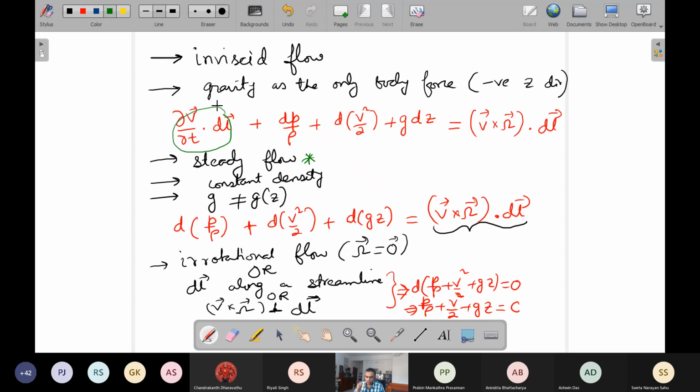The first answer that I am giving you, which is a very clear answer, is that other than constant density, which is the trivial case, there could be other cases for which you can still write d of p by rho as equivalent to dp by rho. So can you tell maybe one or two such examples? Any one of you, and you have to justify why.